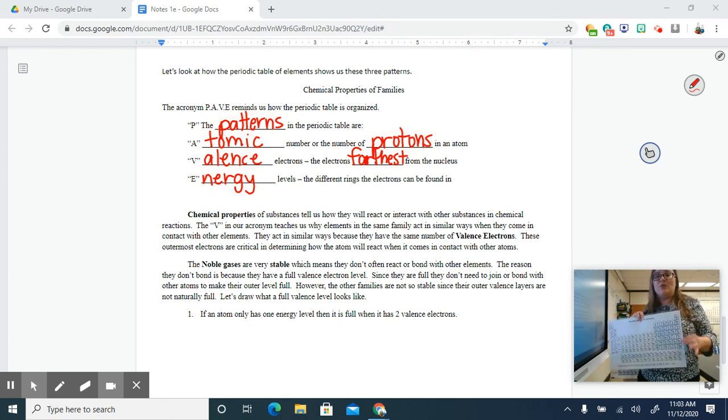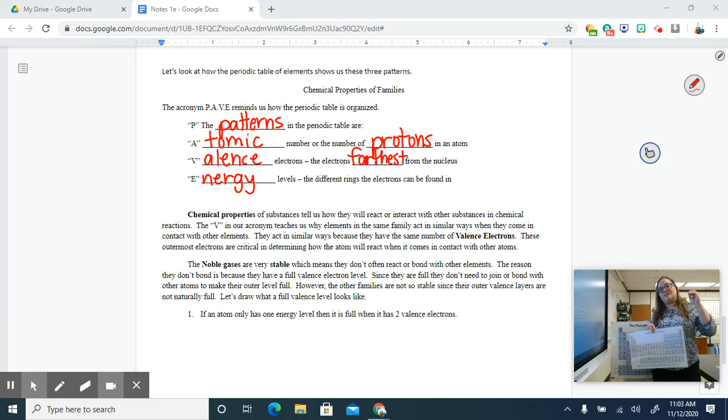Happy, stable. I'm not trying to leave. I'm not trying to go get somebody else. I'm happy, stable, noble gases. That's why they're called the noble gases. They're regal and stable. They're noble. So the noble gases have 8 valence electrons and they are very stable because they don't have any room to take anything else in and they don't have anything extra that they want to get rid of.